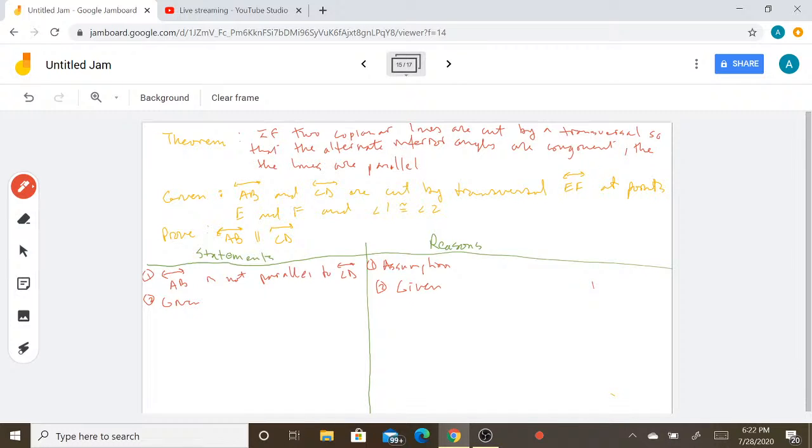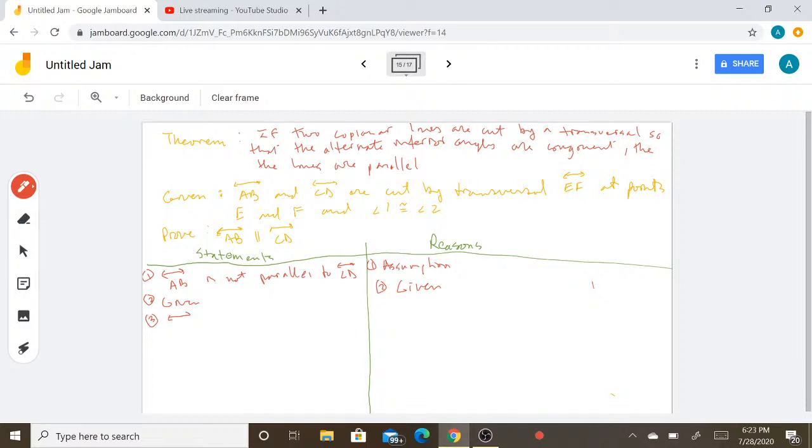After that, we can state that line AB and line CD intersect at some point P. Assuming that they're not parallel, they have to intersect.